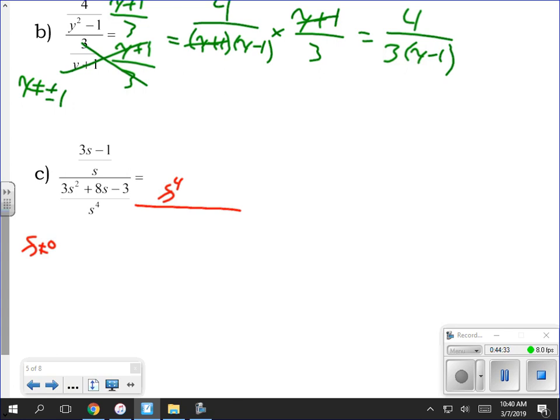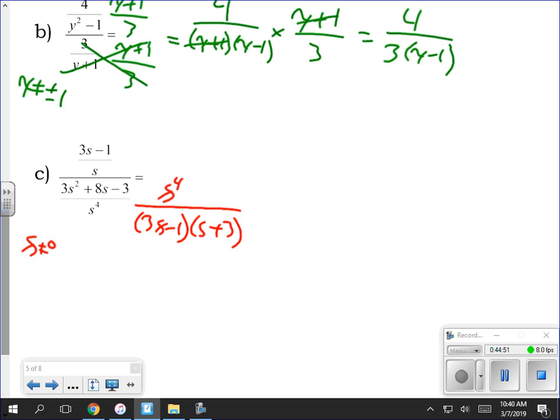When I flip this over, I'm going to factor it out. 3s minus 1 is one of my factors, I hope, and it actually is. I get 3s minus 1 and s plus 3 as my 2 factors.